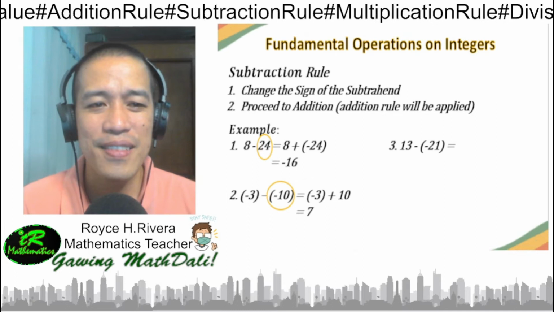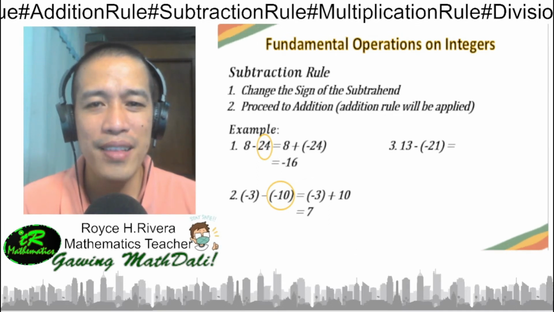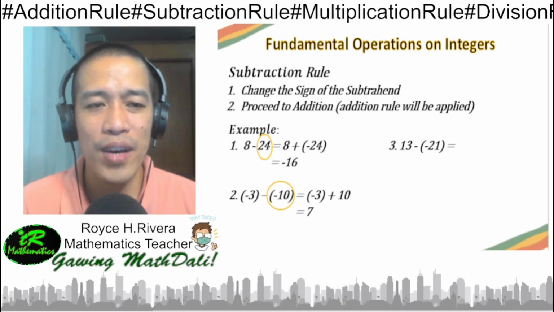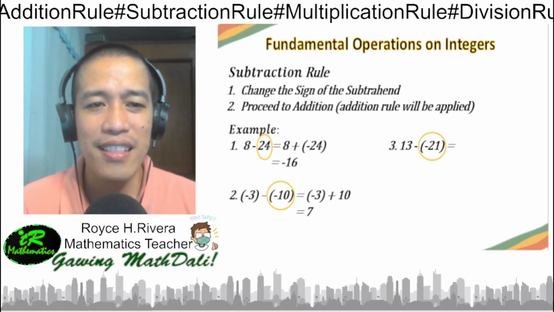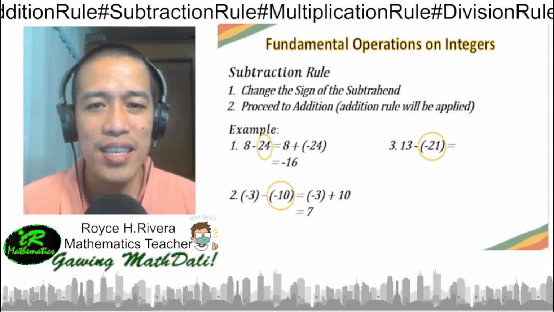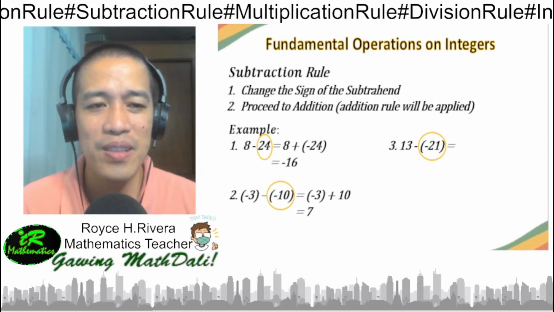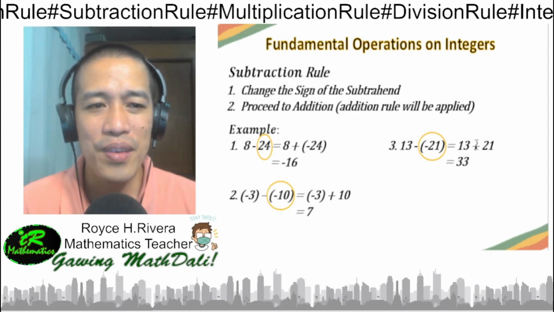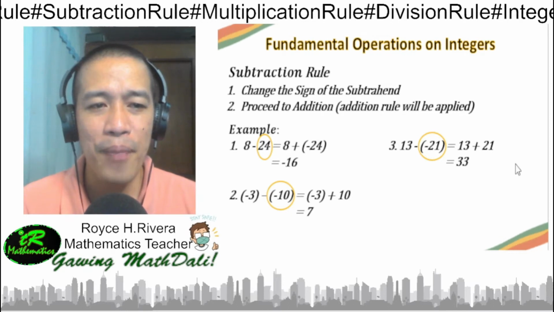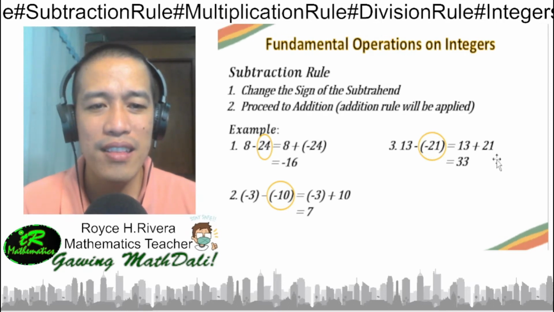Number 3. 13 minus negative 21. Again, the subtrahend. We need to change the sign of that integer and proceed to addition. We will have 13 plus 21.